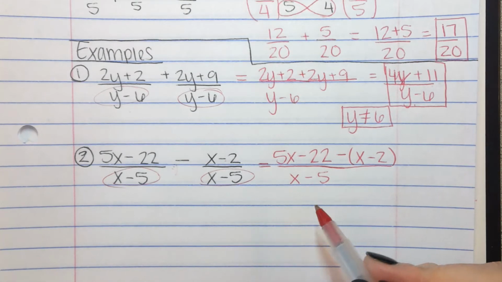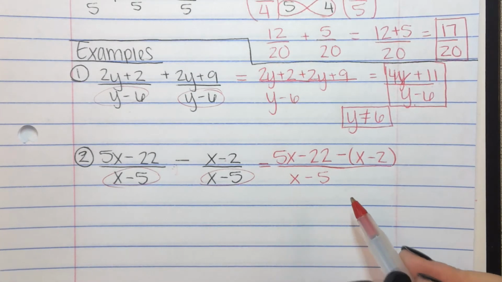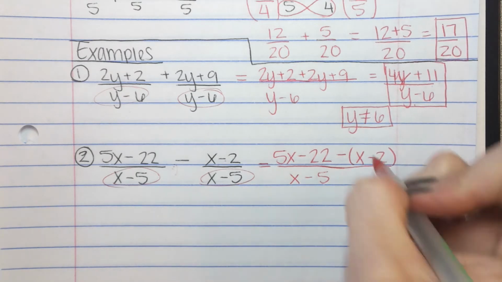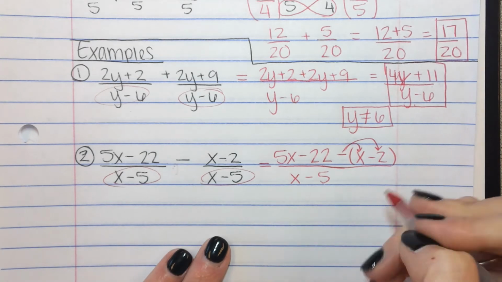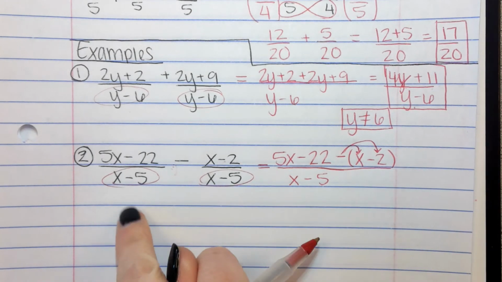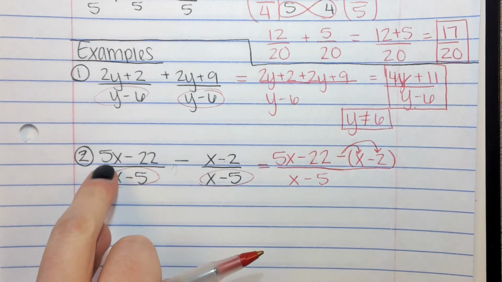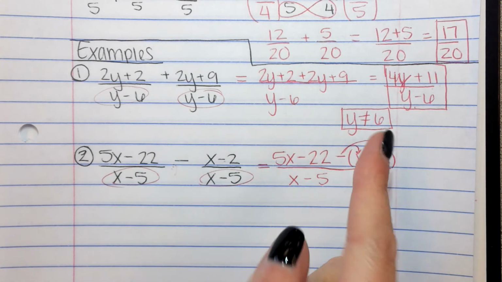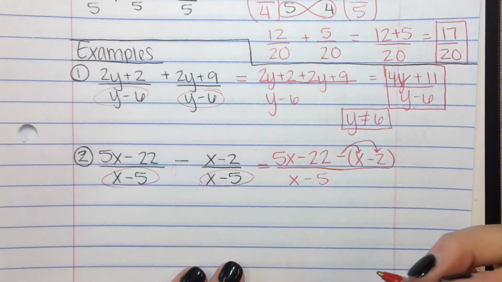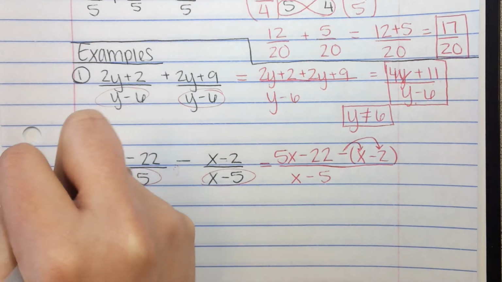I'm working it out completely just to show you what we're doing here. But just know there are a couple different ways you can do that. And then some of you might even be able to do it in your head. You can do 5x minus x and then negative 22 minus a negative 2. That can cut out some steps as well. But like I said, I'm going to work it out completely.